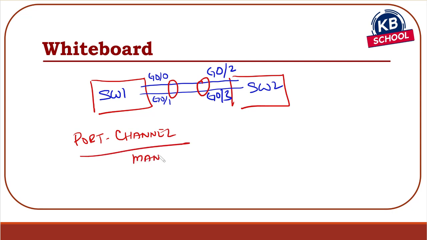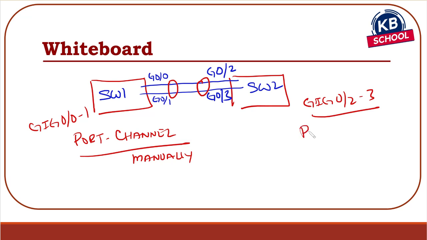Manually. So I do the same thing on the other side. If I do it manually on one side, I need to set the same thing manually over here. Over on switch 1, I'll say gig 0/0 and 0/1 are part of an EtherChannel. Over here, I'll say gig 0/2 and 0/3 are part of the EtherChannel manually. What do I mean by manually?